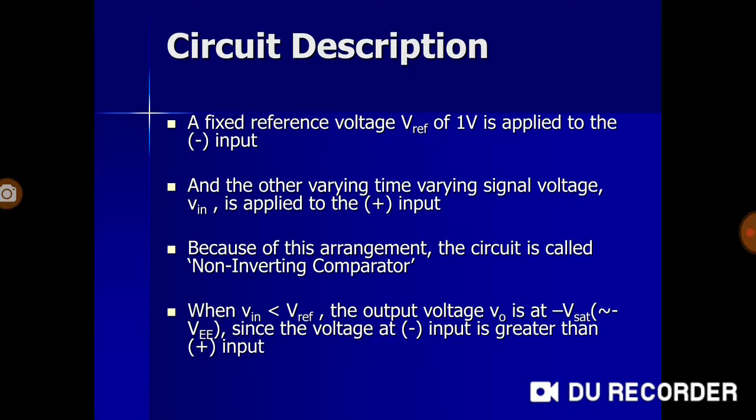So Vin is less, since the reference voltage is connected to the inverting input and Vin is connected to the non-inverting input. So if Vin is less, then obviously the inverting input is greater, and it drives the op amp into the negative supply value, that is minus VEE. That is also, in output terms, called negative saturation voltage.